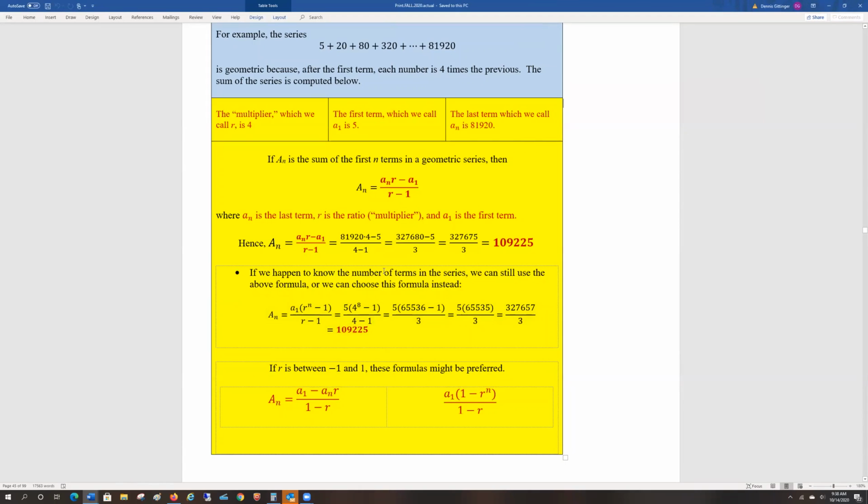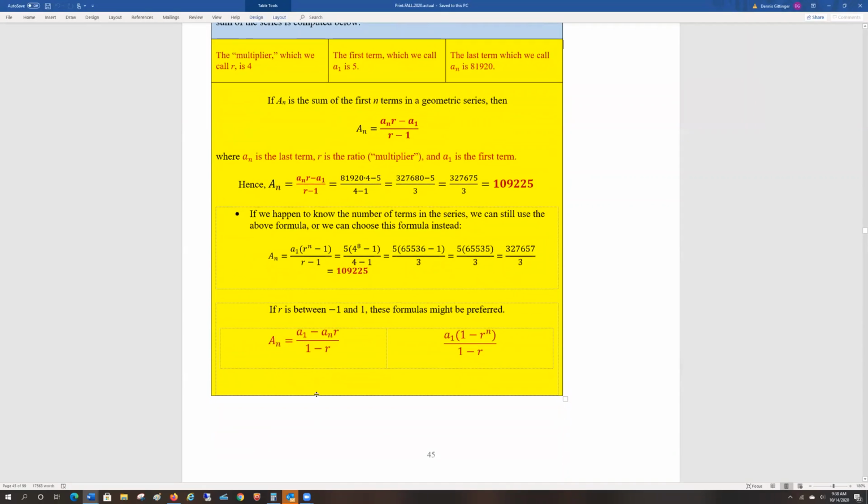And when you have that, and you have r minus 1, you're going to have, for example, if r is 1/3, 1/3 minus 1 is -2/3. And the numerator is also going to be negative. And sometimes we get bogged down in negative numbers. So it turns out that if your multiplier is between -1 and 1, you can use a different form of these. You notice here it's a sub n r minus a sub 1, and here it switches those, a sub 1 minus a sub n r, and instead of r minus 1, it's 1 minus r.